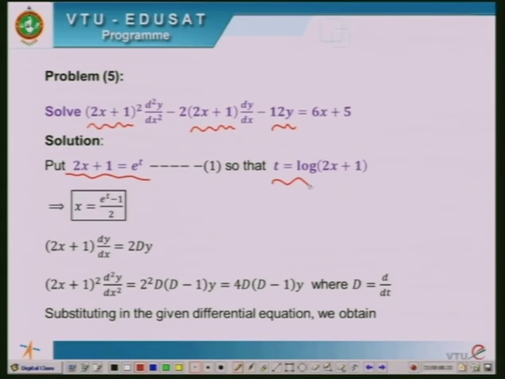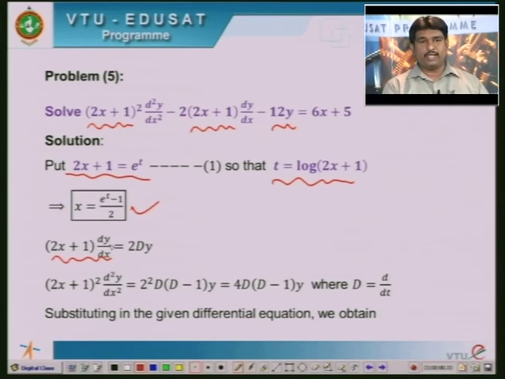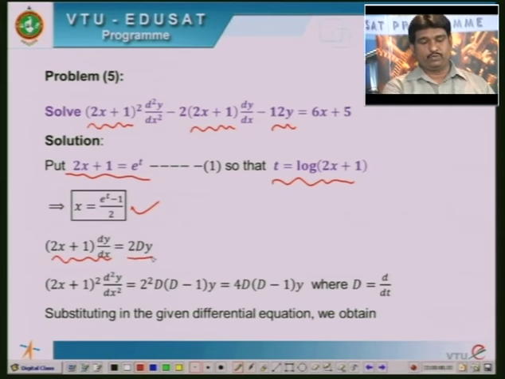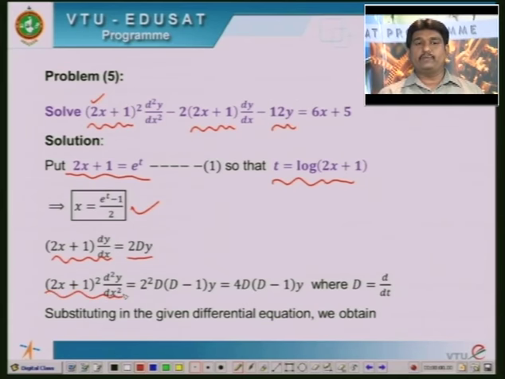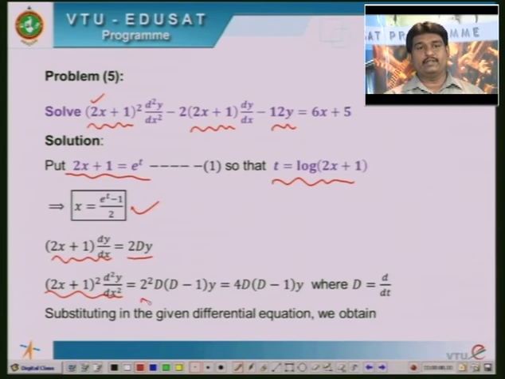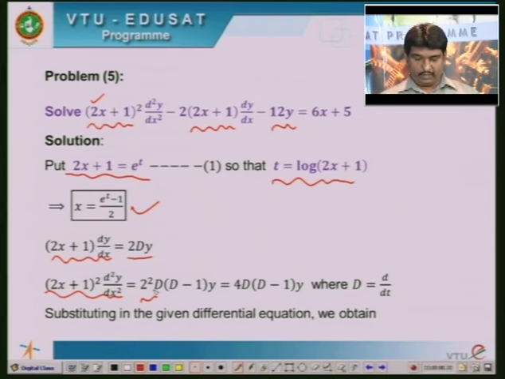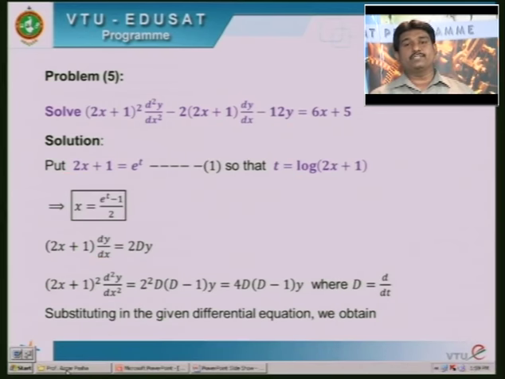With this substitution, t becomes log of (2x+1), and when you simplify this in terms of x, this becomes x = (e^t − 1)/2. So the variable coefficient (2x+1) dy/dx becomes a·Dy, where a is 2 here, the coefficient of x, and (2x+1)^2 d²y/dx² becomes a²D(D−1)y, so with a equal to 2 it is 4D(D−1)y, where D represents the derivative with respect to the new variable t.